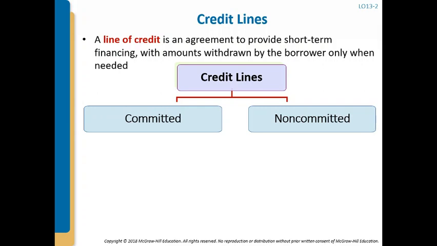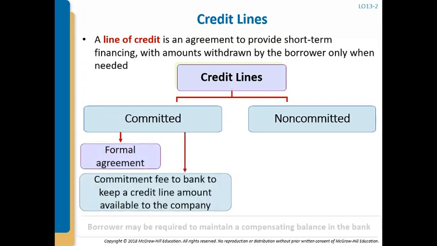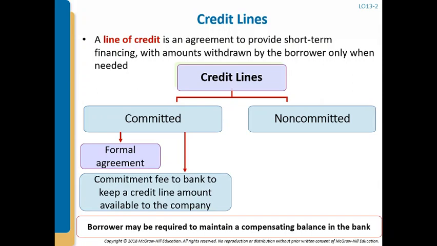Now, these lines of credit can be either non-committed or committed. Committed is a more formal agreement. The company has to pay a commitment fee to the bank to keep the credit line amount available to the company, and the company may have to maintain a compensating balance with the bank in order to keep it open.